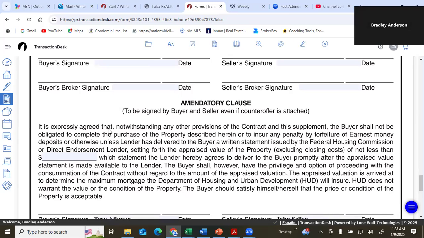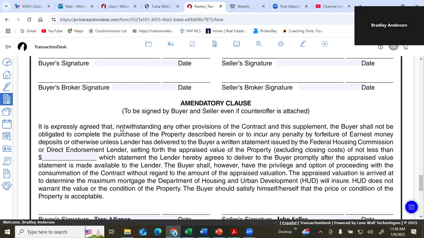It is expressly agreed that, notwithstanding any other provision of the contract and this supplement, the buyer shall not be obligated to complete the purchase of the property or incur any penalty by forfeiture of earnest money, deposits, or otherwise, unless lender has delivered to the buyer a written statement issued by the Federal Housing Commission or direct endorsement lender, setting forth the appraised value of the property of not less than blank, which statement the lender hereby agrees to deliver to the buyer promptly after the appraised value statement is made available to the lender.